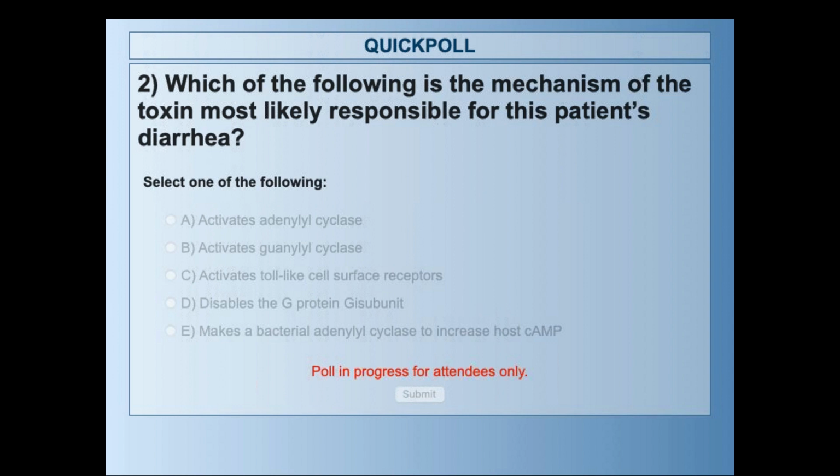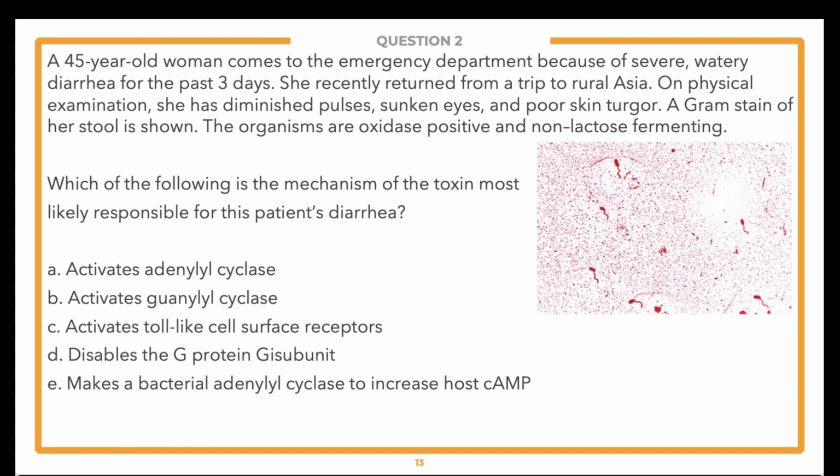Let me know what you think. Okay, I'm going to get ready to close the poll. 3, 2, 1. Okay, let's share the results.